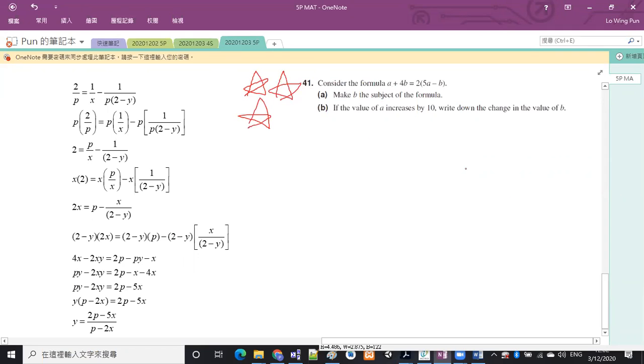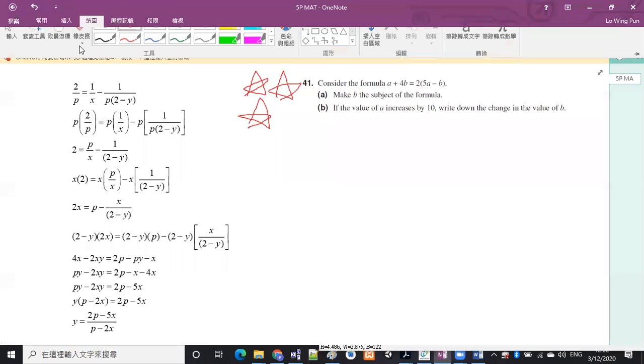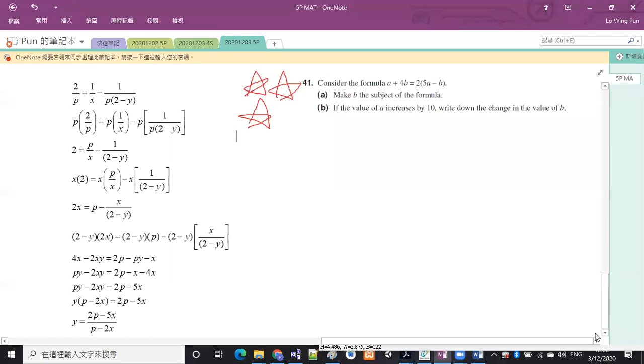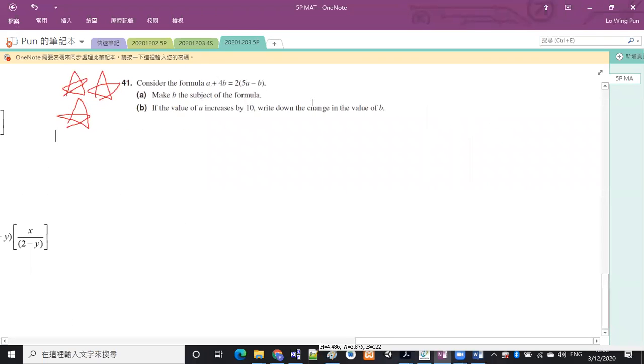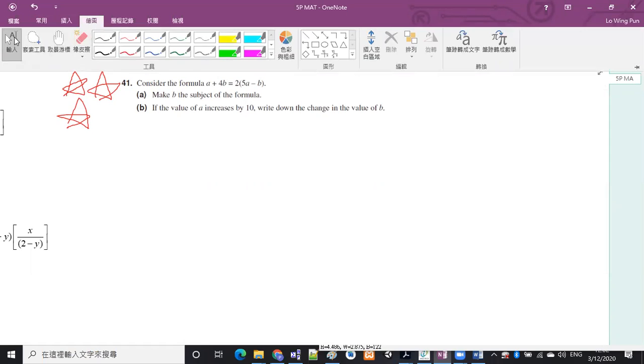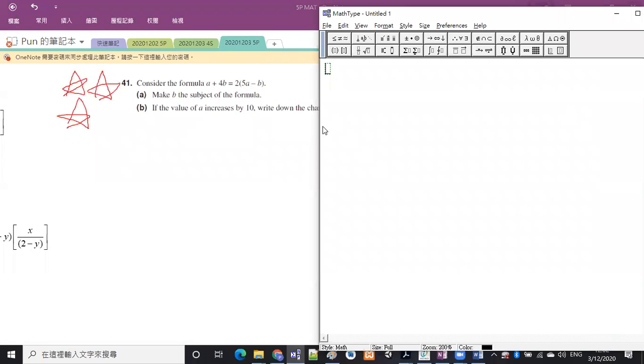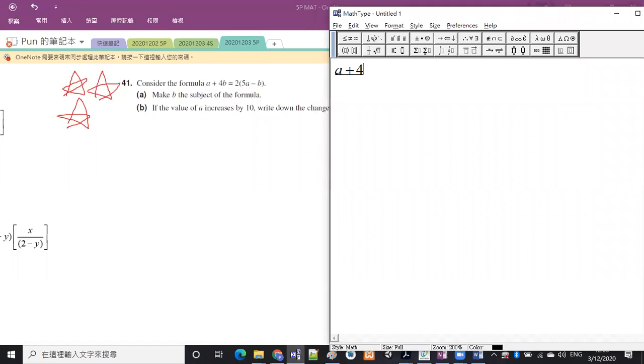Exam type. Okay. 好啦，我哋睇睇搞乜先。So consider the formula a plus 4b is equal to 2 times 5a minus b.